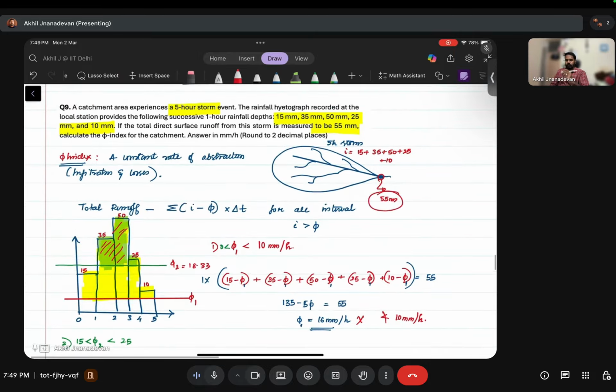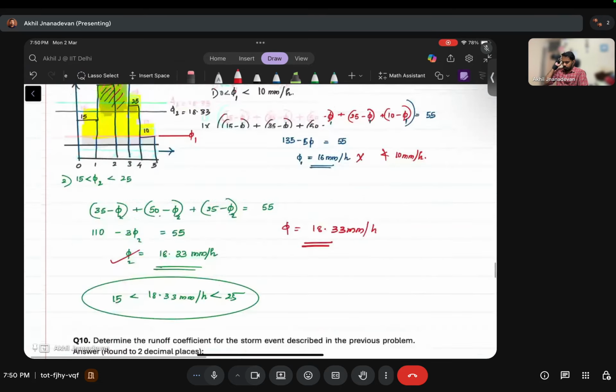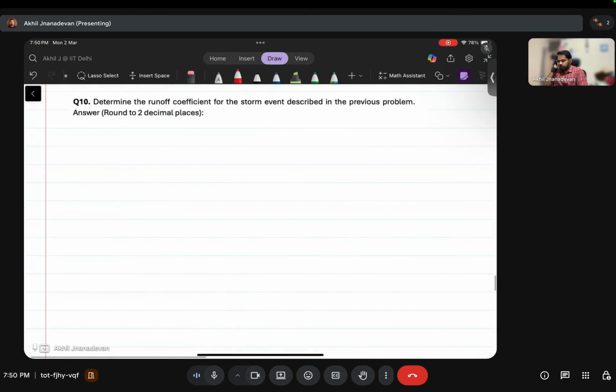Okay, so we can move to the 10th question. It's a direct question based on the runoff coefficient. Runoff coefficient C is defined as total runoff divided by total rainfall.